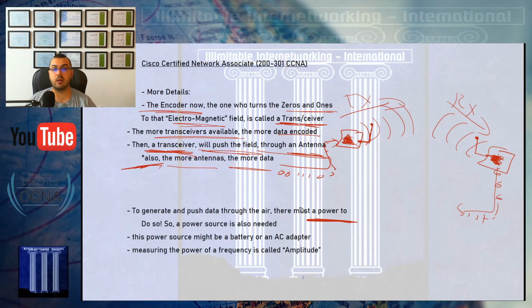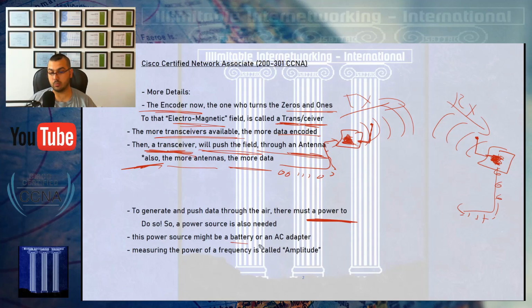This power source can be either an AC adapter, like an access point, a wireless controller, and your small home router have. All of them come with an AC adapter to plug into the electricity socket, or other devices like laptops or mobile phones use a battery. In both cases, a power source will be used.